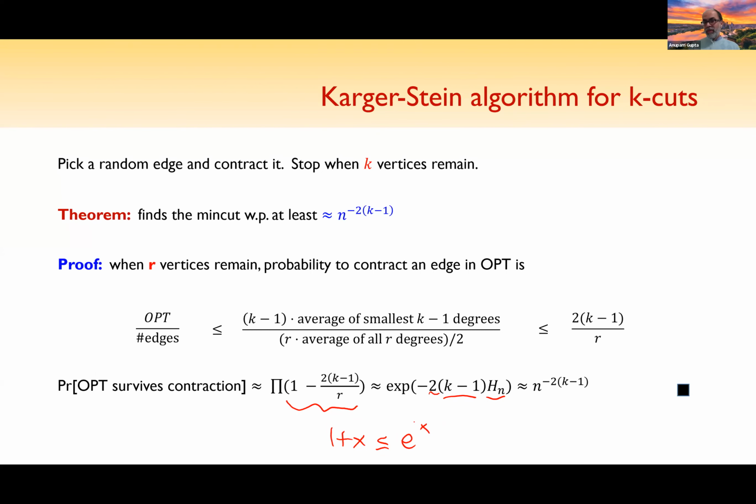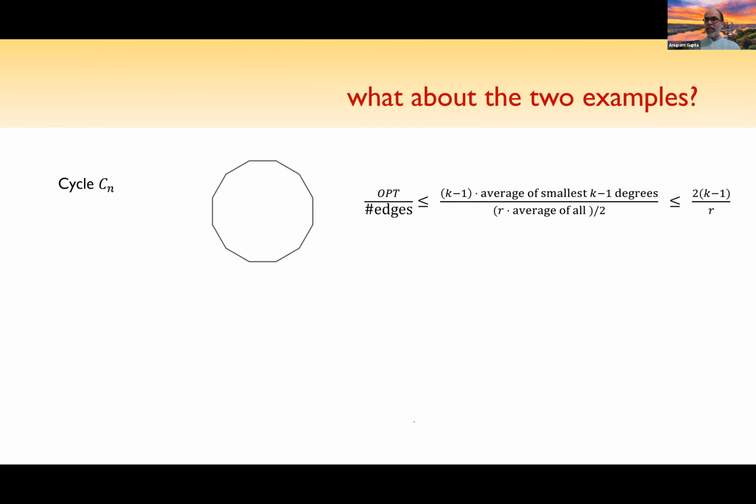So our goal is, well, we want to improve this guy. Okay. So the question is, where is this weak? So let's look at these 2 examples right now. In the first example, notice that the optimum divided by the number of edges.